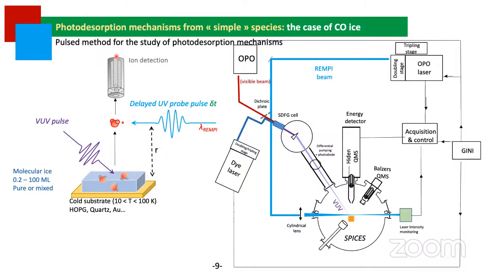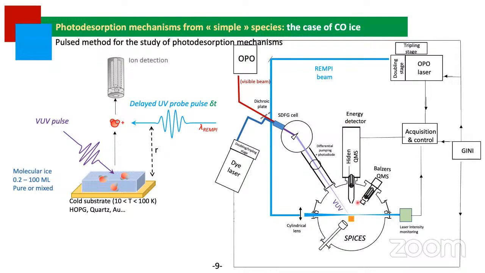So this looks like this. In fact, these are experiments which are extremely easy to do. We have the vacuum chamber, which is here. The ice is grown on a cold surface, which is here. And to generate the VUV pulse, we will need to make a third-order nonlinear effect in a rare gas cell in between two pulsed tunable lasers. One is visible, one is UV.